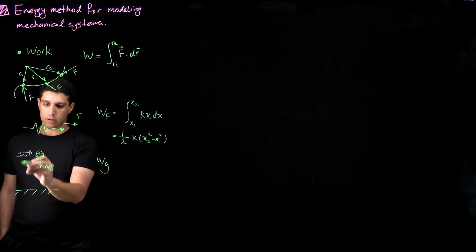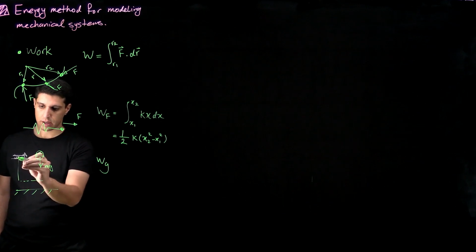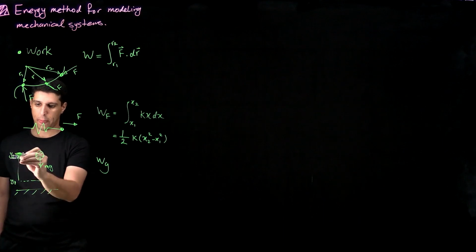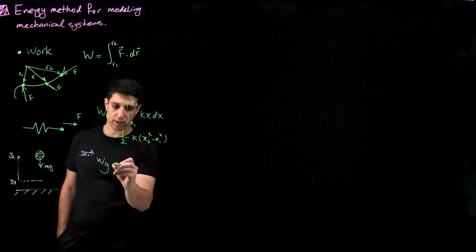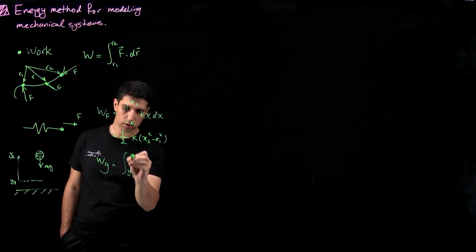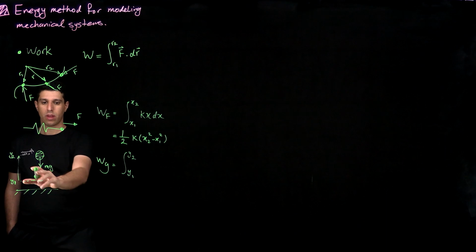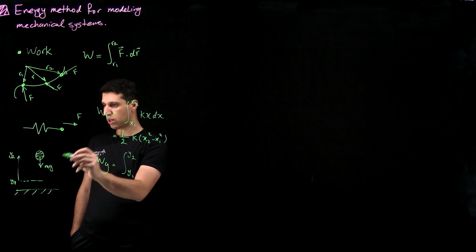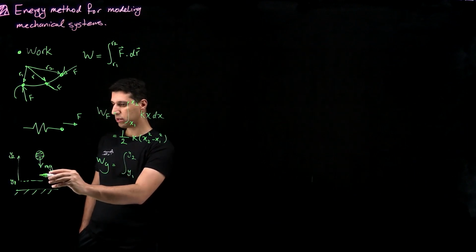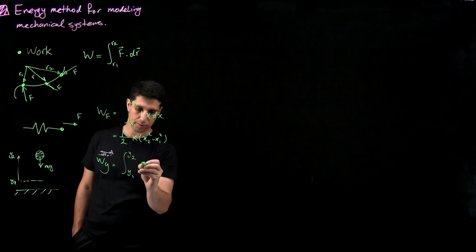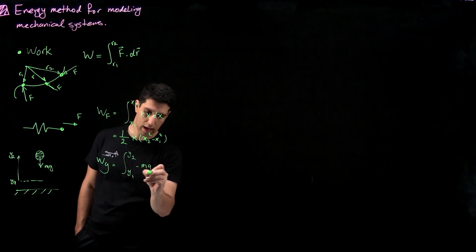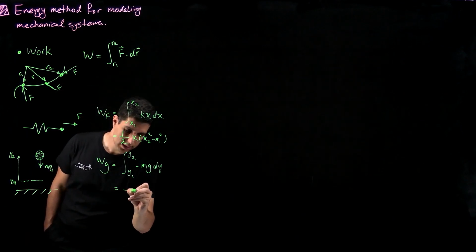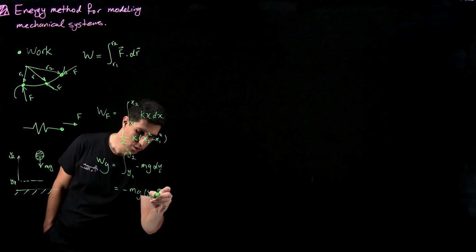And moving from some original height y1 to y2, the work of gravity is the integral from y1 to y2 of mg dot, the dot product, dr, because now mg is in the opposite direction of movement. It's going to be minus mg dy, which in this case is minus mg times y2 minus y1.